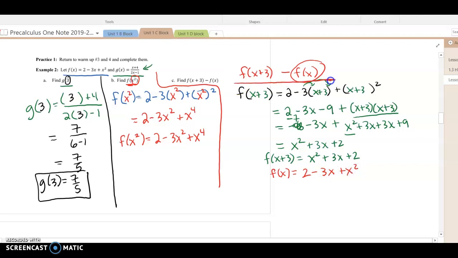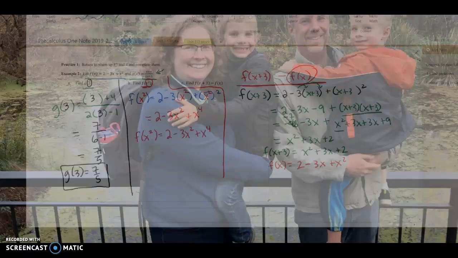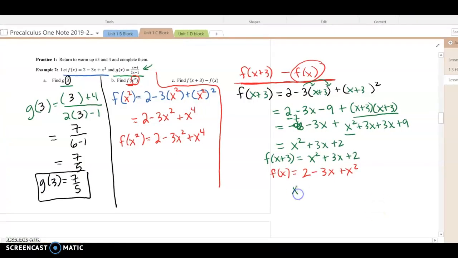Now the problem asks us to subtract the two equations. So we're going to subtract the green one, which is x squared plus 3x plus 2 minus the quantity 2 minus 3x plus x squared.